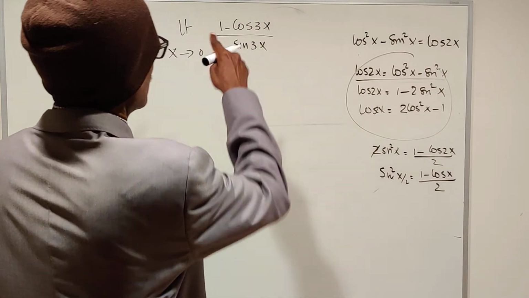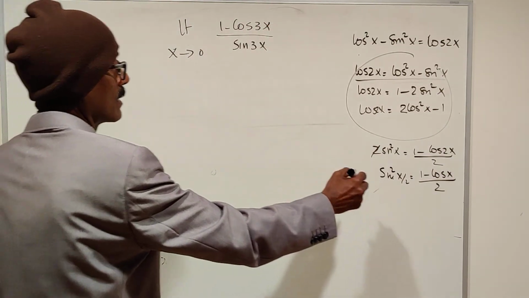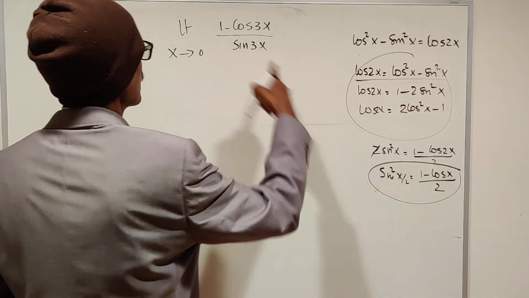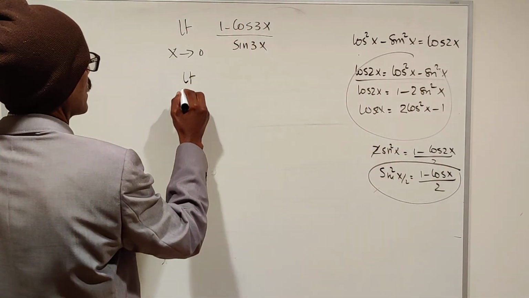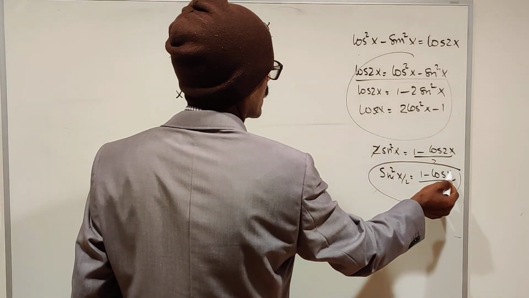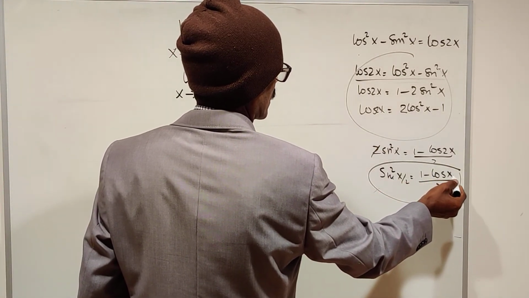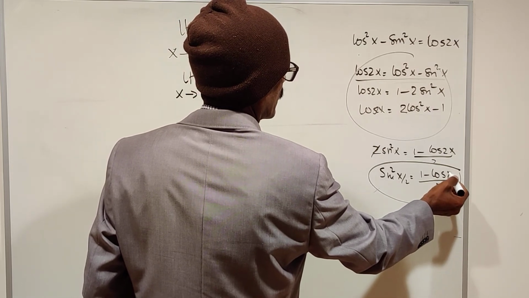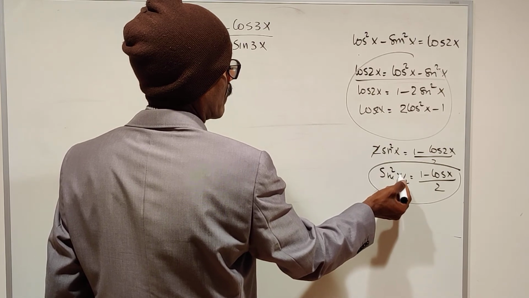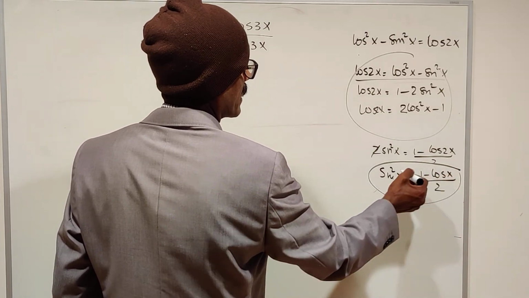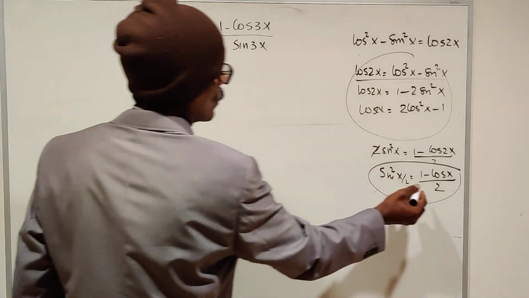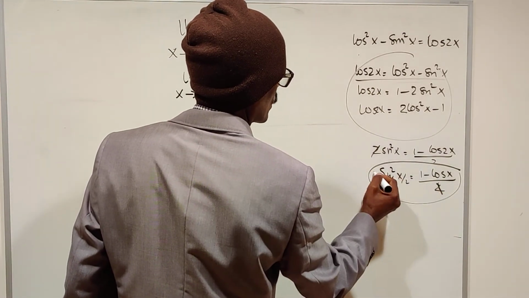Okay, see here, just apply that formula. Apply that formula here. Limit x tends to 0, 1 minus cos 3x. Here 1 minus cos x. When the angle is x, here what is the angle? That angle divided by 2. There is no 2 here, so you need to multiply by 2.